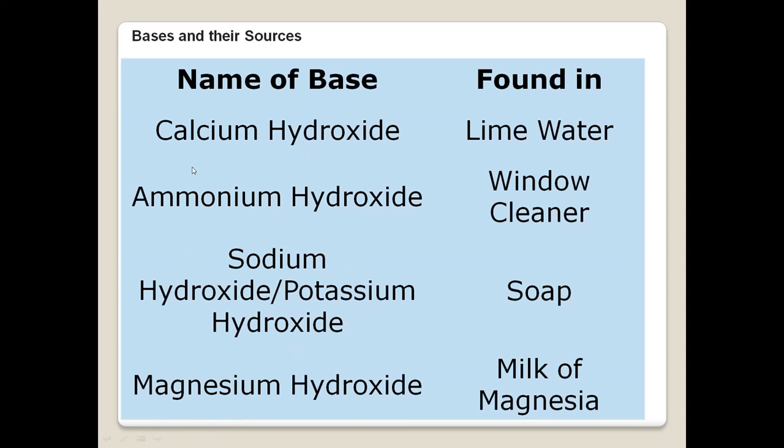First is calcium hydroxide, which is found in lime water. Ammonium hydroxide is found in window cleaner. Sodium hydroxide or potassium hydroxide is the base and it is found in soap. Magnesium hydroxide is the base and it is found in milk of magnesia.